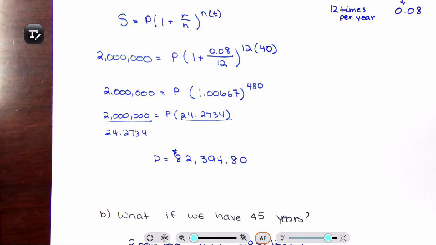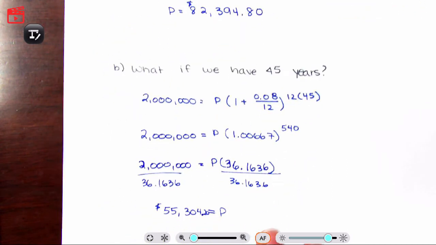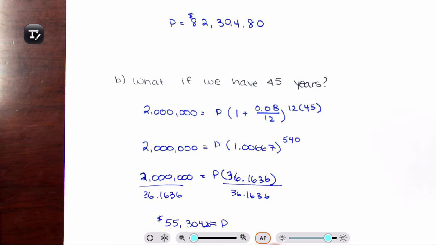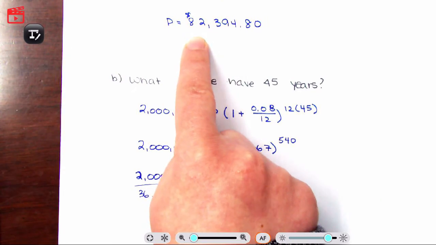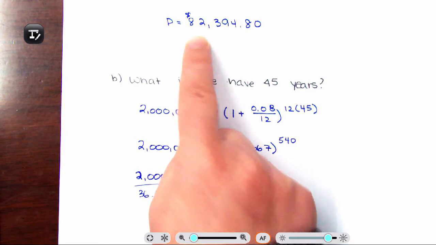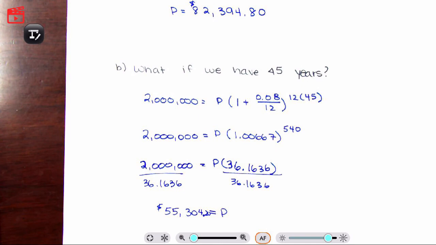So the longer that money sits there, the less money you have to start with. Just in 5 years, you go from having to invest $82,000 to $55,000.